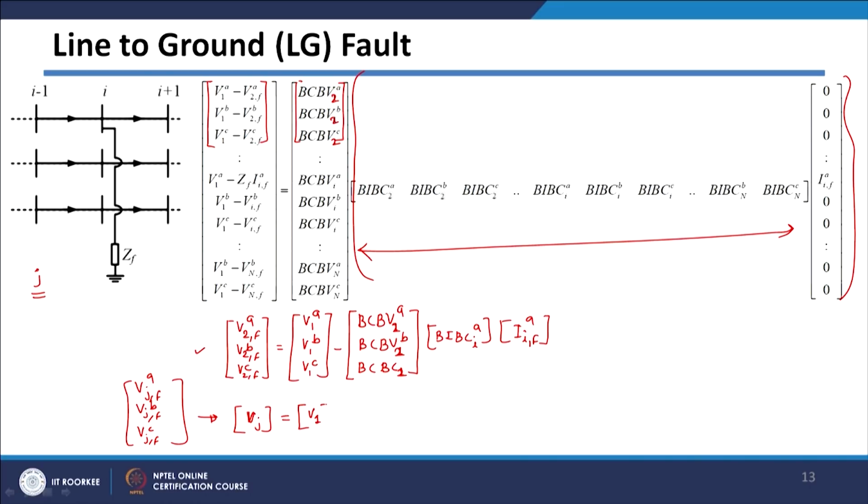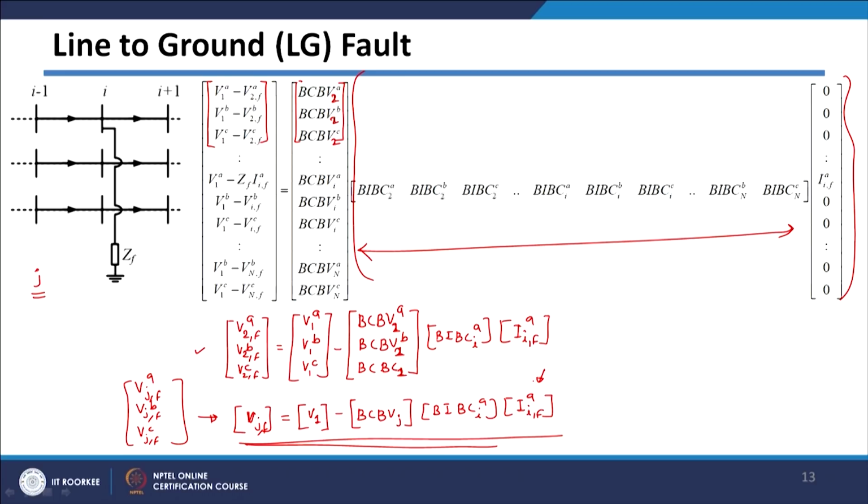So, I need to write it as V1 minus, this will be again, instead of writing all the 3 phase rows, BCBV of the jth bus for all the phases, and here this will remain the same, BIBC IA, and it will be IF. So, for any general bus, I can calculate post fault voltages. So, this I just write as post fault Vj,F.